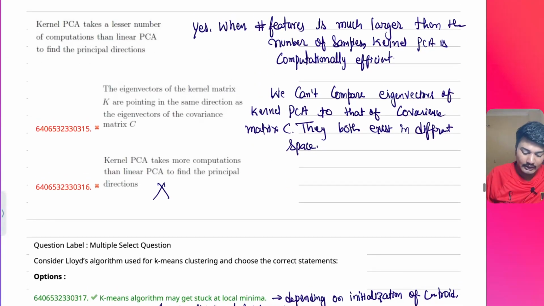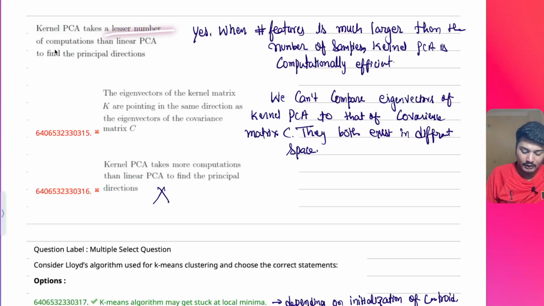Next, it says kernel PCA takes a lesser number of computations than PCA to find the principal component. So yes, why do we use kernel PCA? To reduce the computation, right?